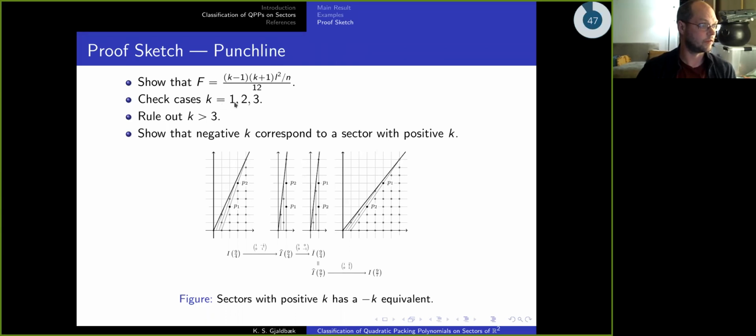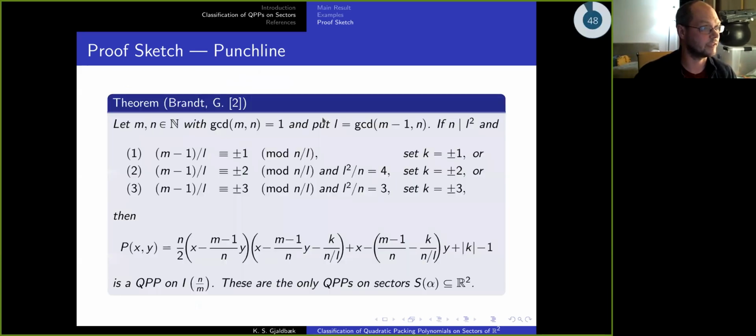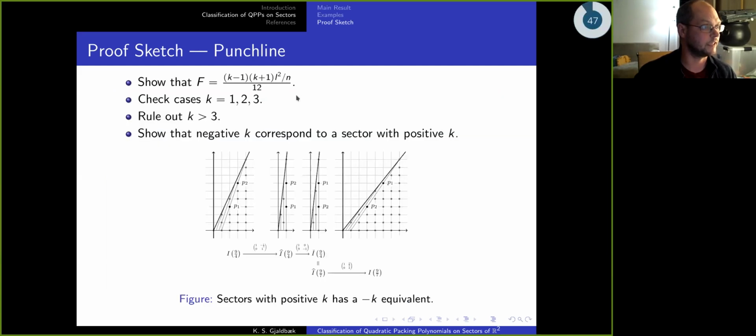So when k is 1, you get no further restrictions. You put in 2 and 3 and fiddle with it a little bit, and this L squared over n becomes forced, and that's where you get these L squared over n. Sorry, did I say L squared over 2? L squared over n equals 4, and L squared over n equals 3. That's where you get those conditions from.